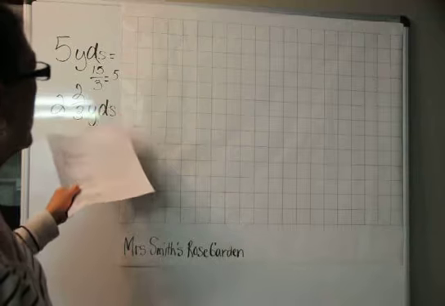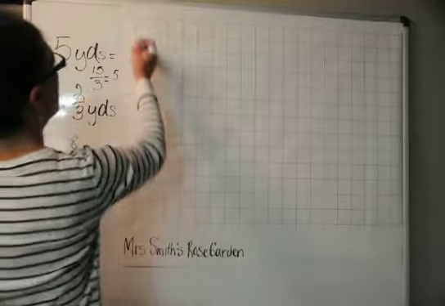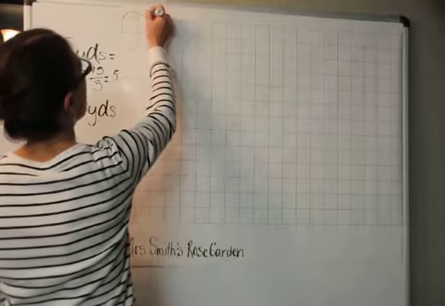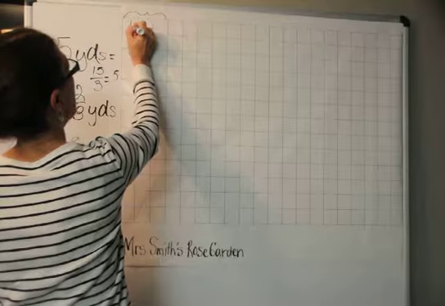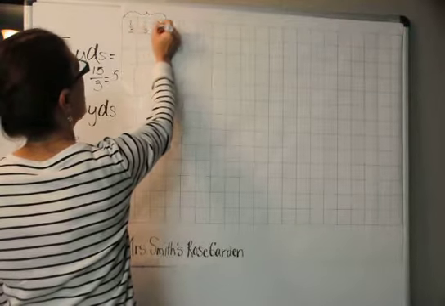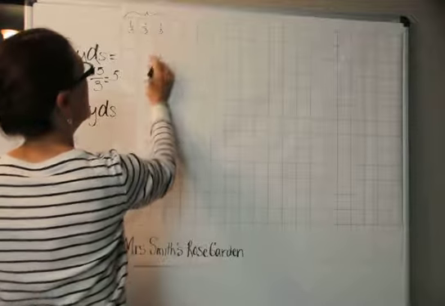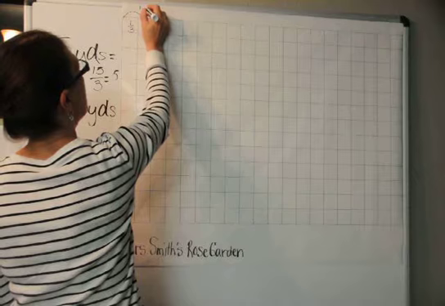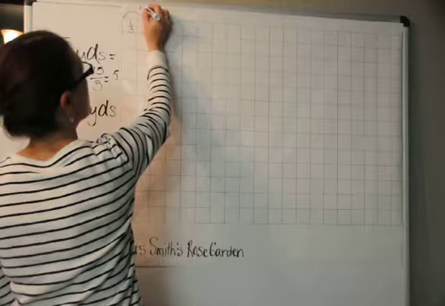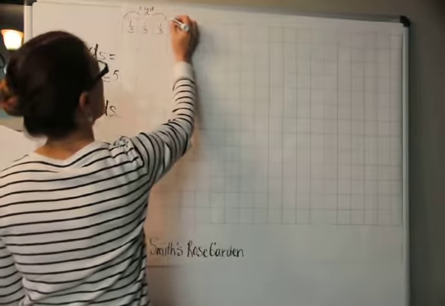If we're working with thirds, then each of our units could be a third. 1/3, 1/3, 1/3, so that each 3 of the thirds would equal 1 yard.